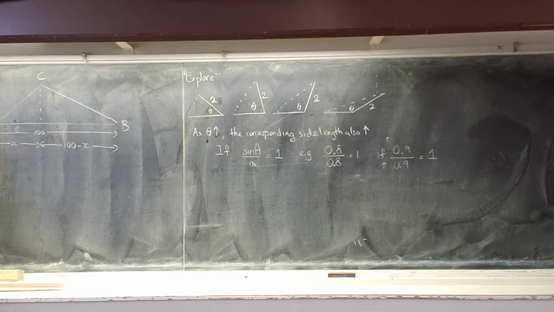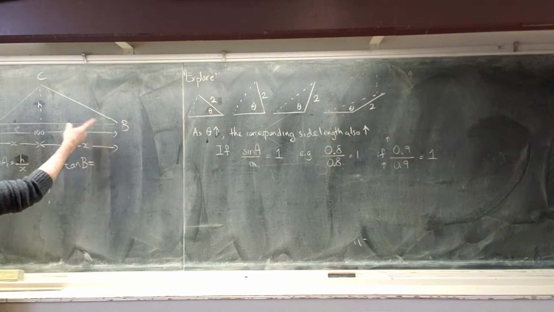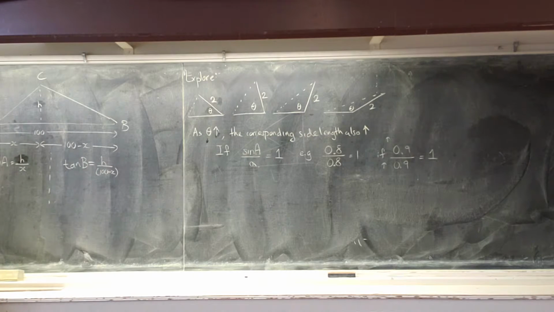Now, also recall, how did we link these two triangles together? We took a smaller triangle and we did something like tangent of angle A is equal to opposite, sorry, actually let's do height. The height over x, while we did tangent of angle B was opposite over that.